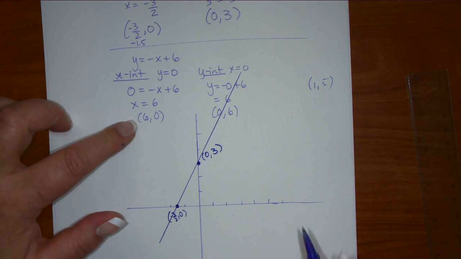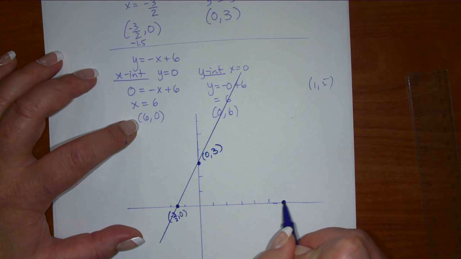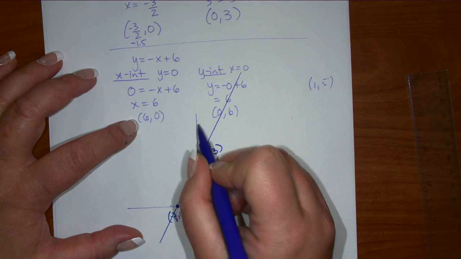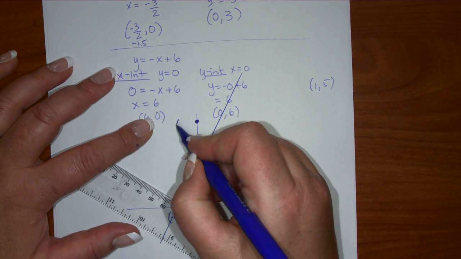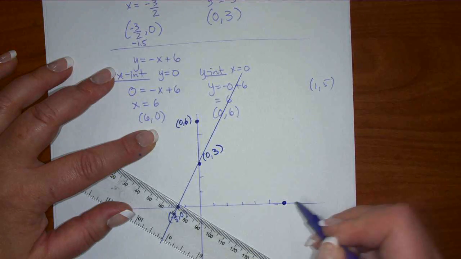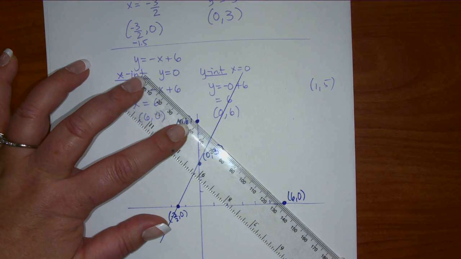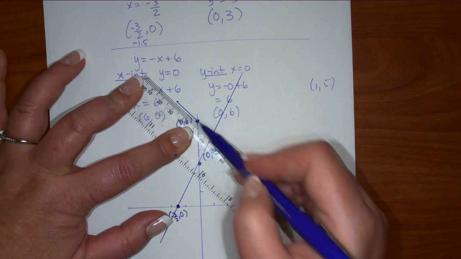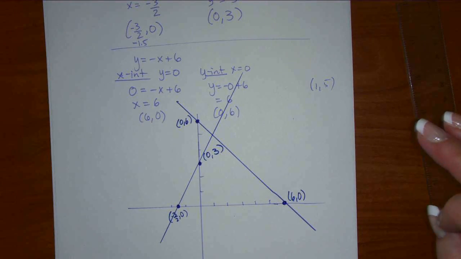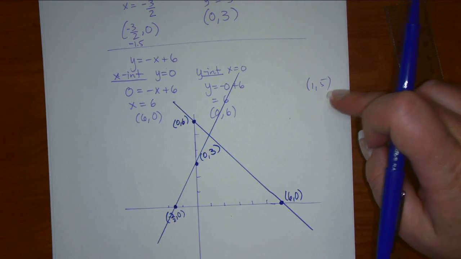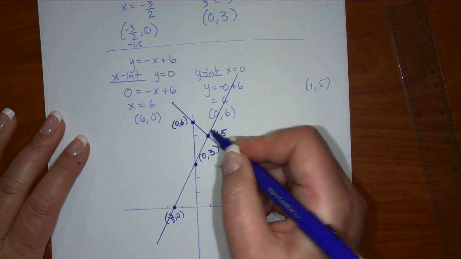And the other one, 6, 0, 2, 3, 4, 5, 6, and 0, 6. Now, if you've drawn everything correctly, the point where they cross should be what? 1, 5. And it is 1, 5.